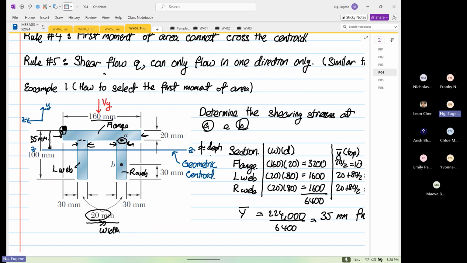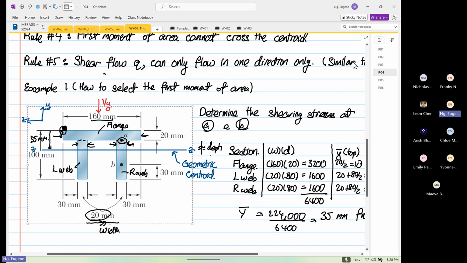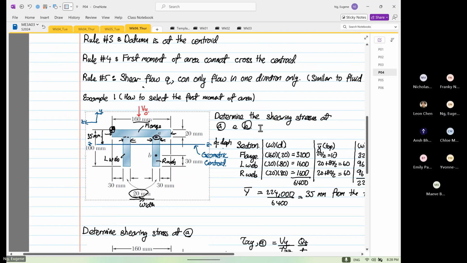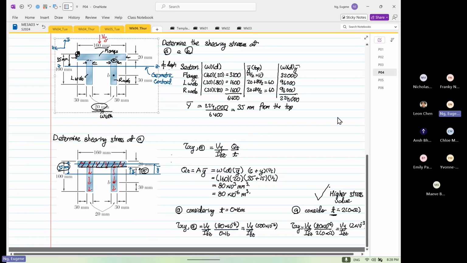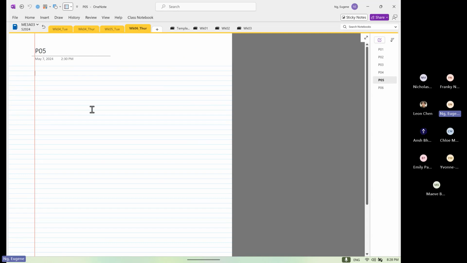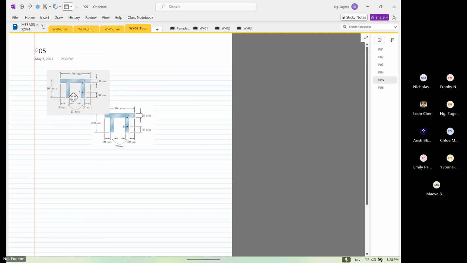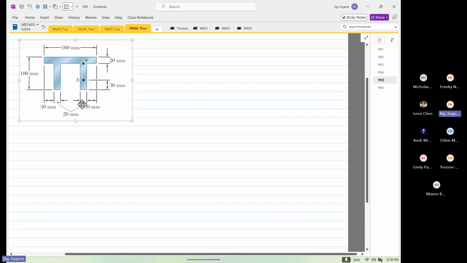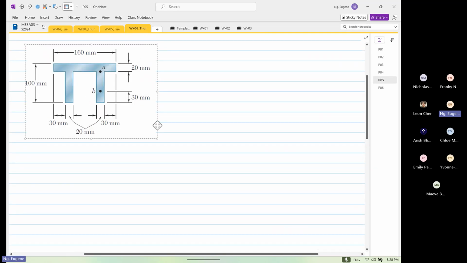Now point B. Point B is where things get tricky, but not impossible. Okay. So let's look at point B. So if we now turn our attention to point B, there are a few options that you can take.